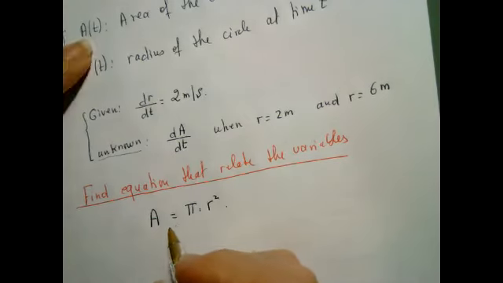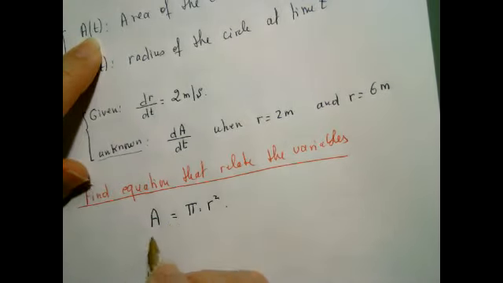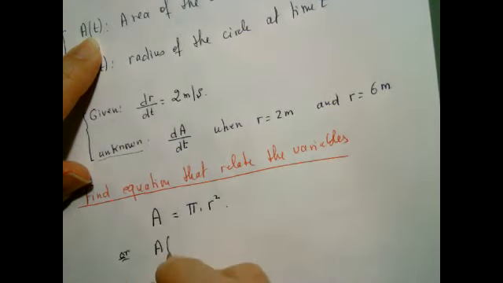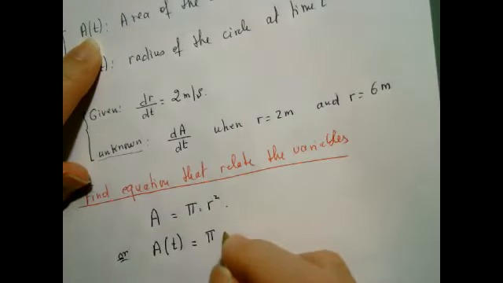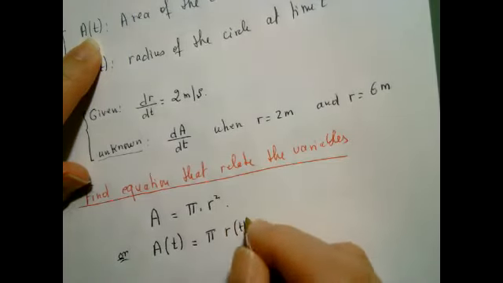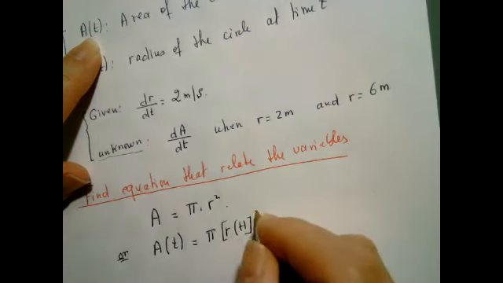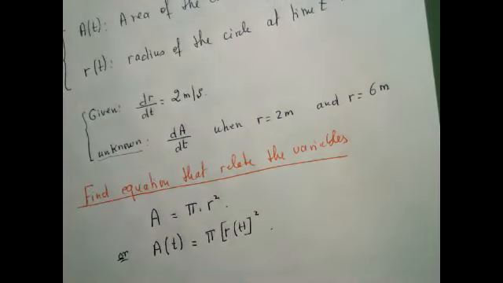So now, to emphasize the idea that all of them change with time, I'm going to write it like this. No matter what t is, the area is pi times the radius, which is itself a function of time. So that's the relationship between the variables that holds true regardless of what t is.